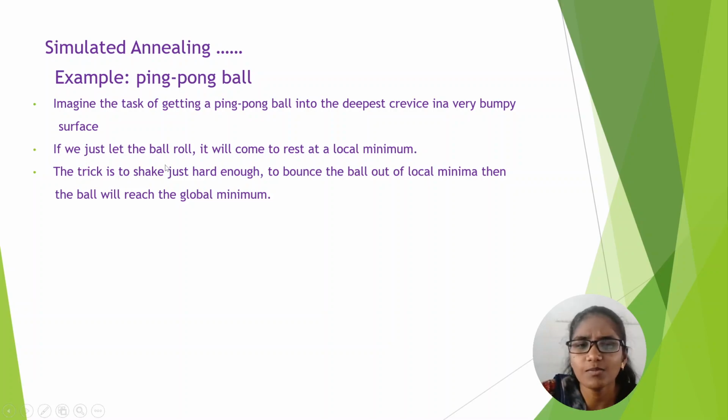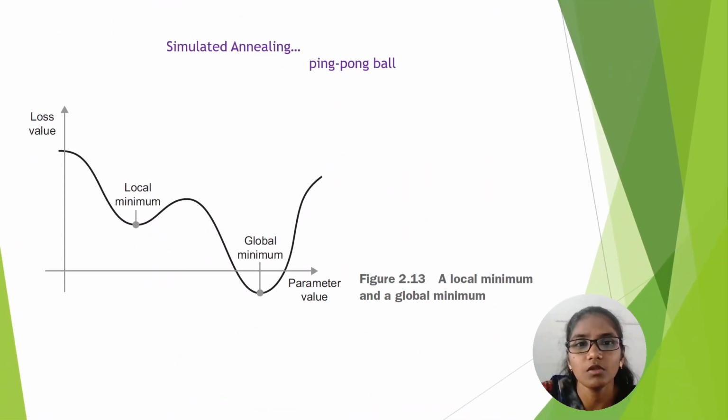If we just let the ball roll, it will just reach a local minimum. If there are other local minima and we keep shaking the ball, then after a certain time it reaches the local minimum and finally the global minimum. Sometimes when we shake the ball it takes more time, but finally it reaches the global minimum.